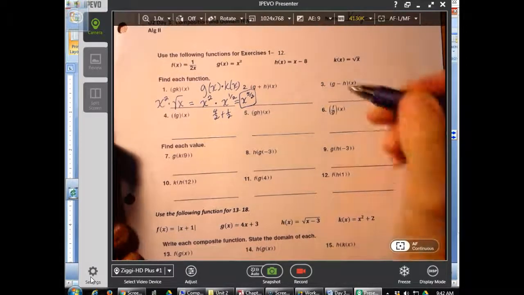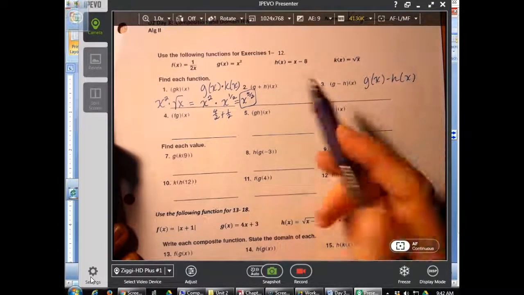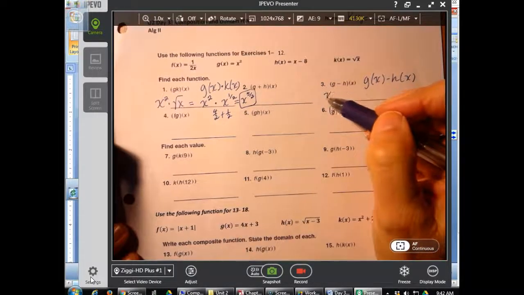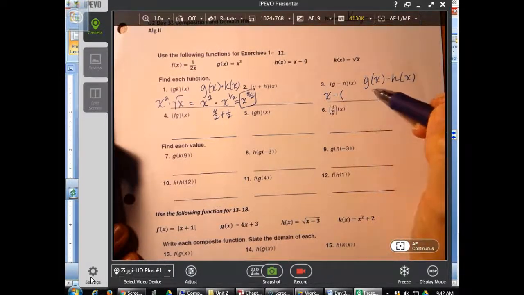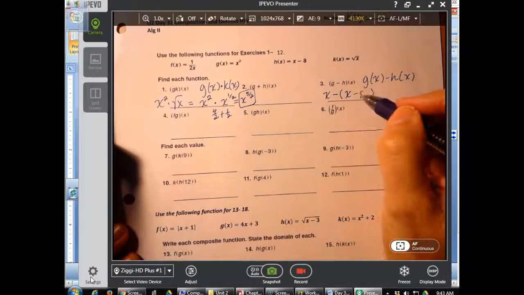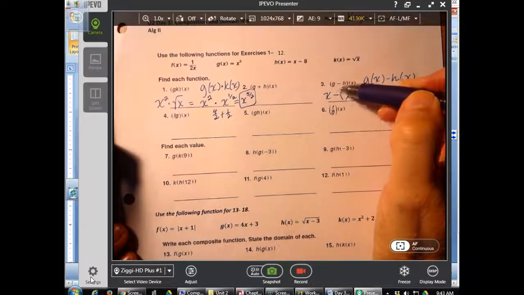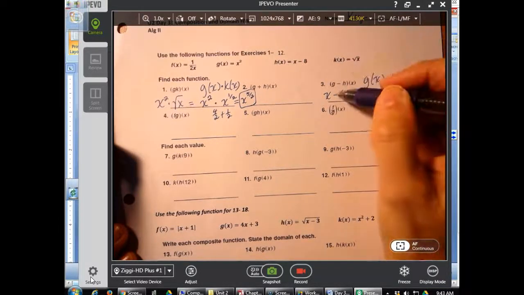Then just kind of jumping around, for number 3, I'm going to have g of x minus h of x, and g is going to be the function x squared minus, and then anytime you subtract, you especially want to use parentheses here, so I'm going to have x minus 8. And then I always want to think of this as either distributing a -1 or adding opposite signs or opposite values.